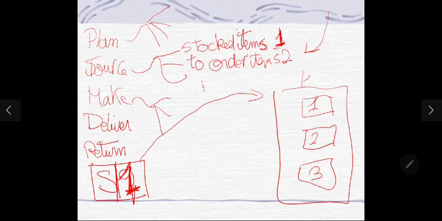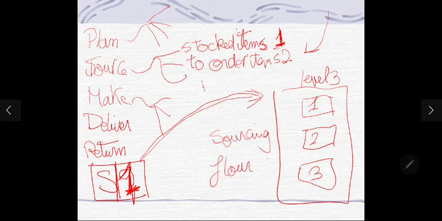This is called level 3, which is basically the main steps in doing this process. So the main steps of sourcing or buying flour will be number 1, 2, 3. Where can you get this? You can get this from the SCOR model itself. It's not something to memorize.